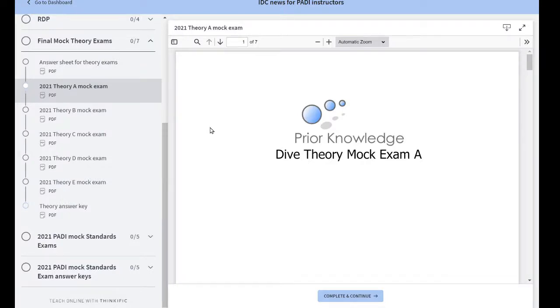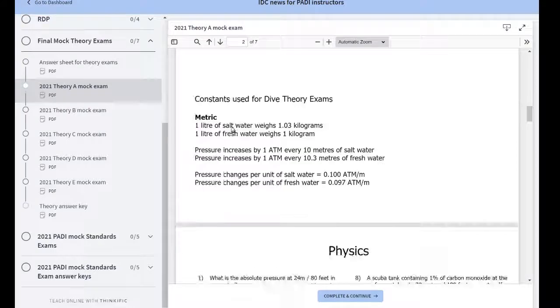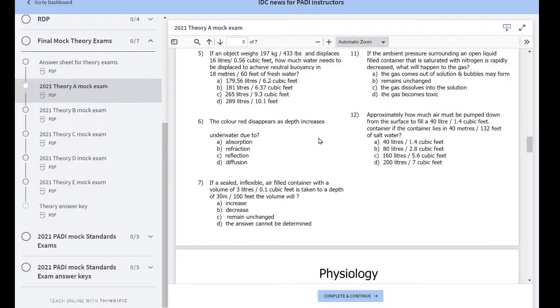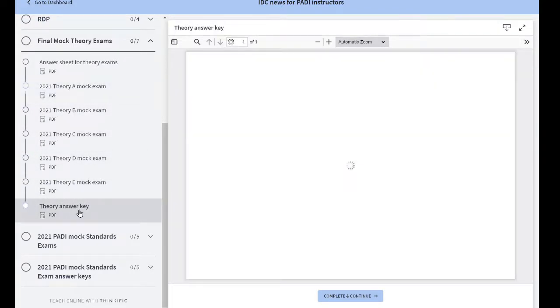The wording of the questions, of course, isn't the same. That's not the intention. The idea is that you can understand this and teach it to others as well if necessary. So here we've got a mock exam, 5 different subjects, 12 questions in each subject, just like you'll find on the IE. You can work through all 5 exams and you can mark them yourself.